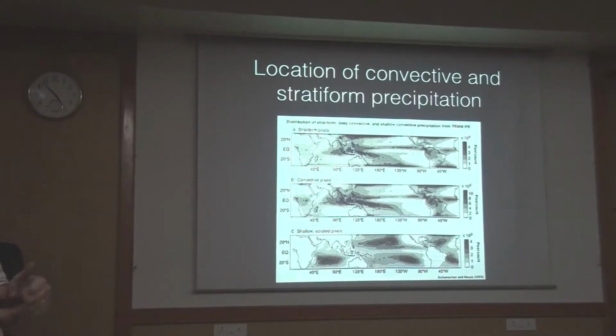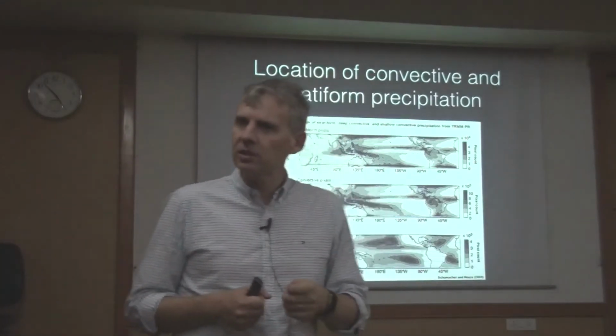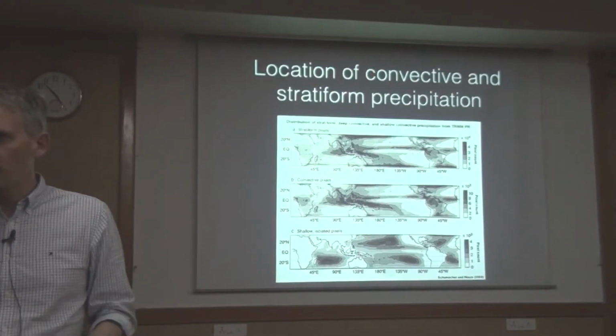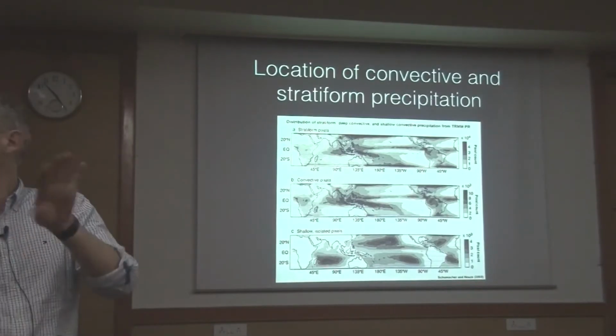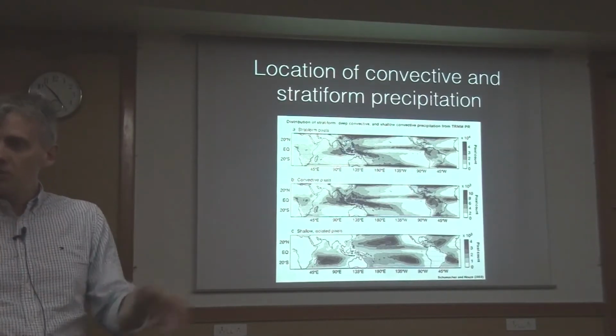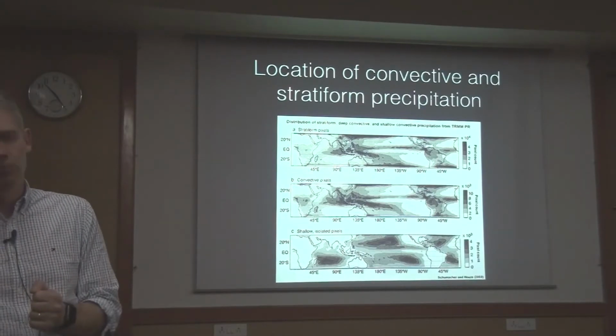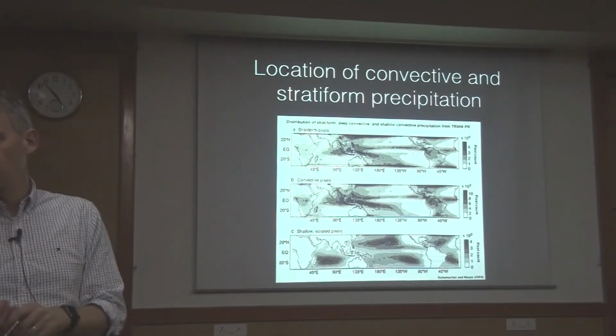A good rule of thumb is if 50% or more, or 40% or more, of your rain comes from stratiform rain, then there must be some mesoscale circulation, because otherwise you couldn't get that much rain from stratiform, and therefore the convection must be organized.